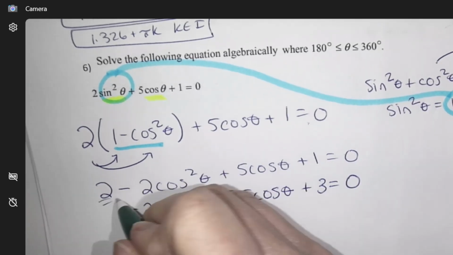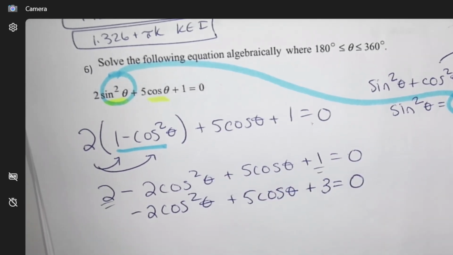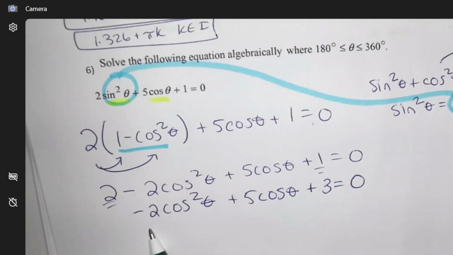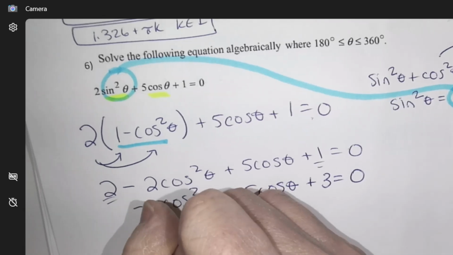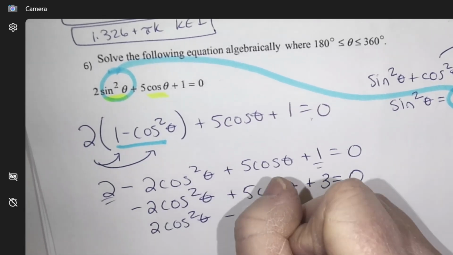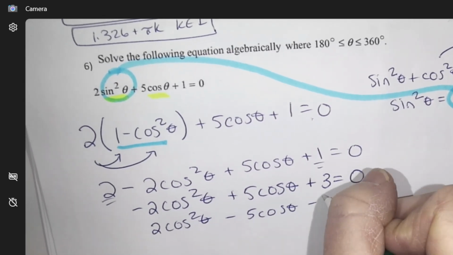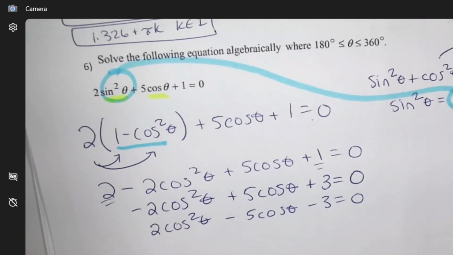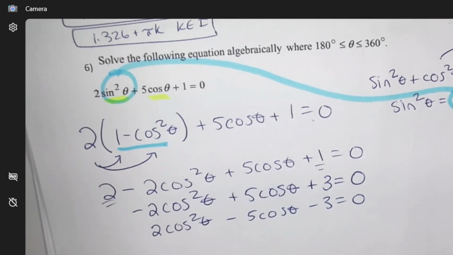Step 2, I collected. There was a 2 and a 1, so I put that together. What do you think I hate about solving this one right now? I don't like a negative boss, so what could I do to change it? I'm just going to times everything by -1. Okay, so now I'm good.